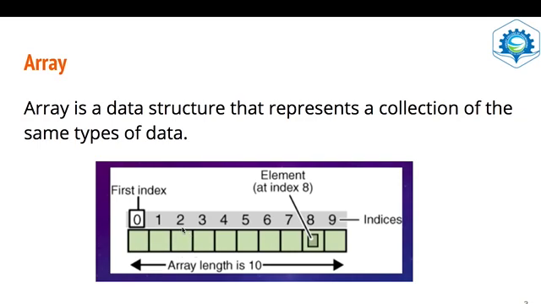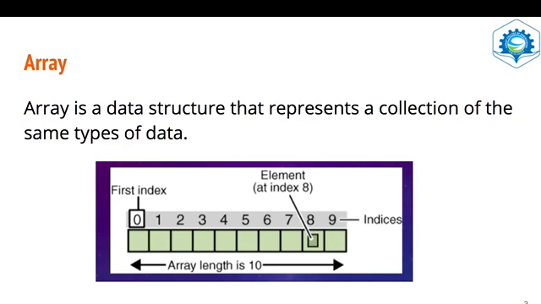Okay, so array is a data structure that represents a collection of same type of data which will be stored in consecutive memory locations, and each of those elements can be accessed using an index, which is also known as the subscript of that particular element.